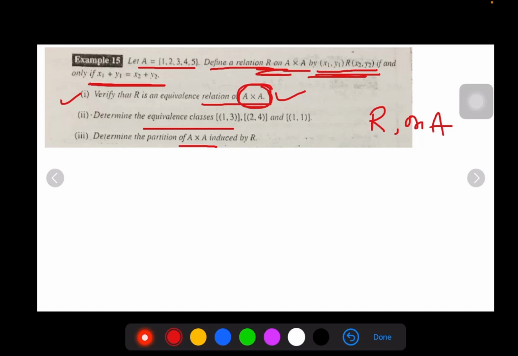For that they are writing the relation. So with this we go for the explanation of this particular example.